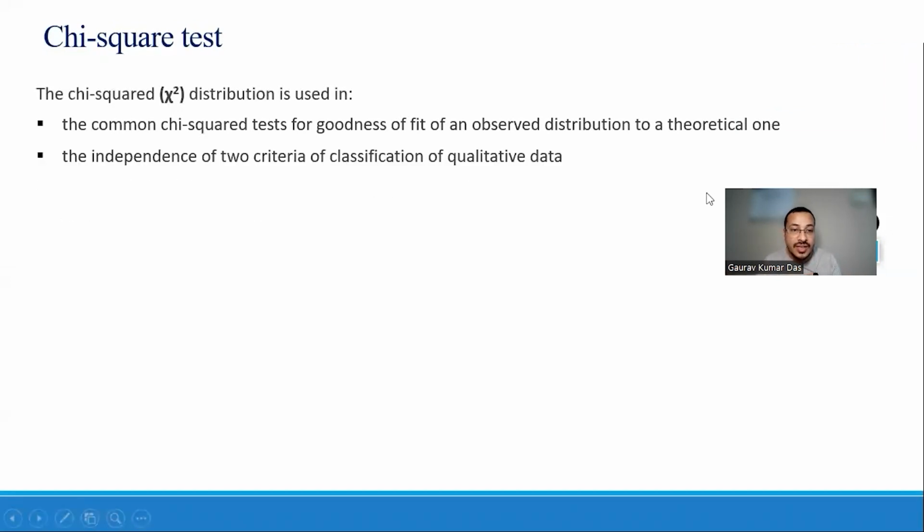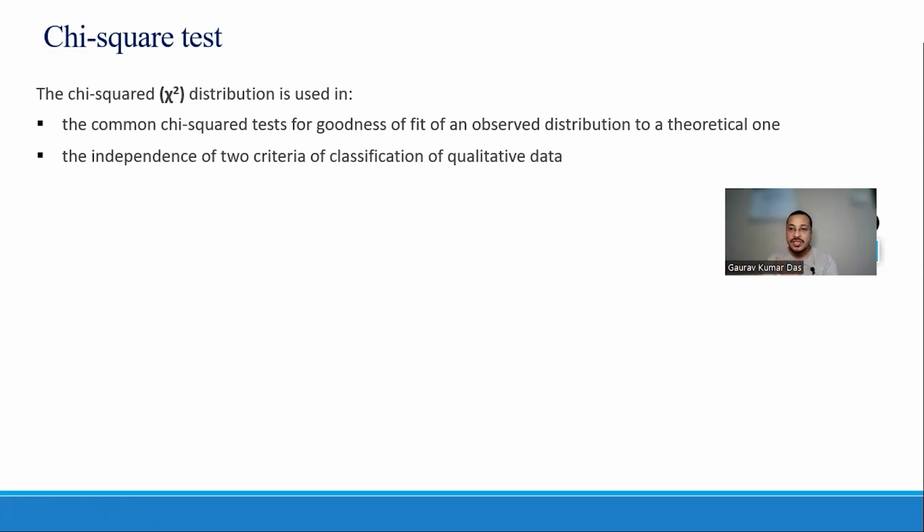Then the independence of two criteria can also be evaluated using chi-square test. This is something which we are going to do in our Python notebooks as well, where we have two categorical columns and we want to evaluate the dependency of each other. That is when we use chi-square test.